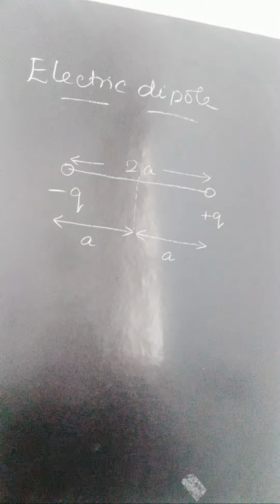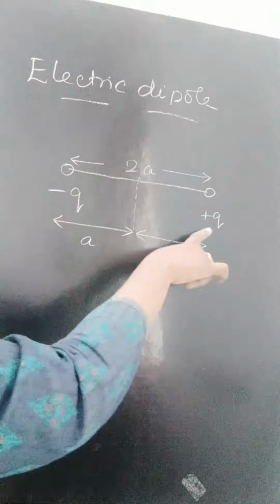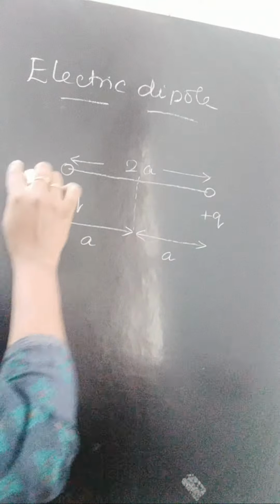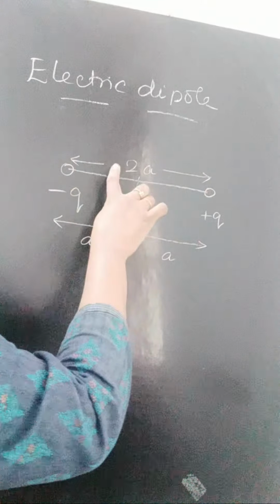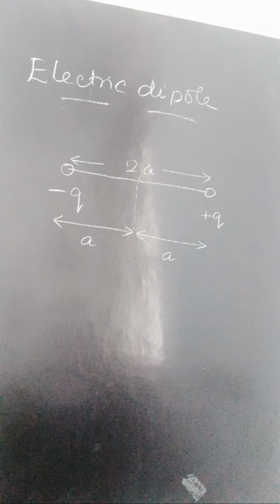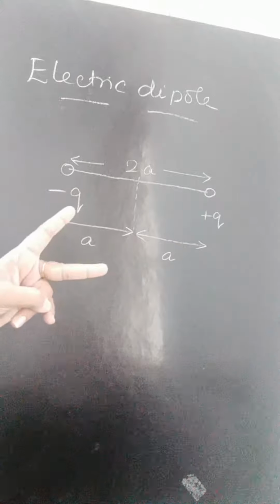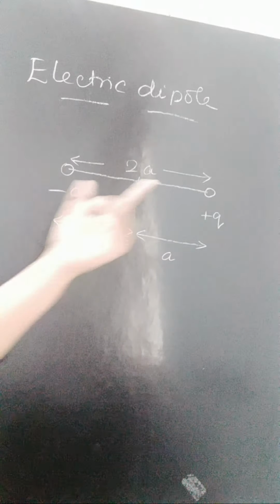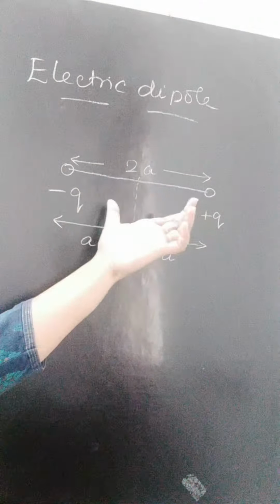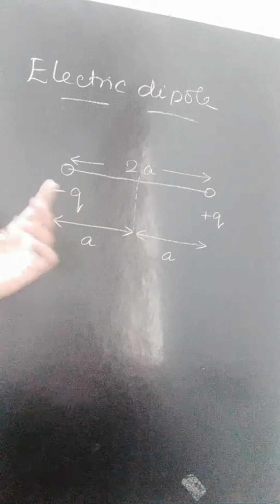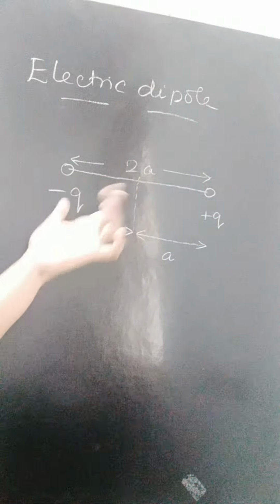Two charges, one is negative, another one is positive, and they are separated by a distance 2a. So what is an electric dipole? Two equal amounts of charges which are opposite and separated by a small distance is known as a dipole.